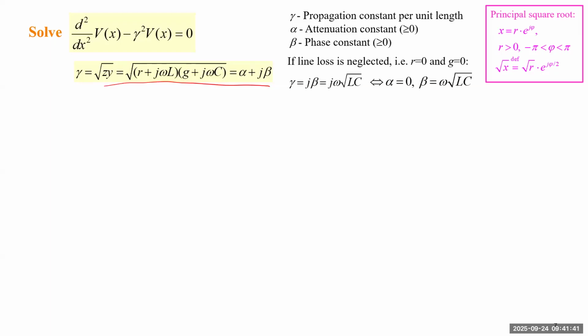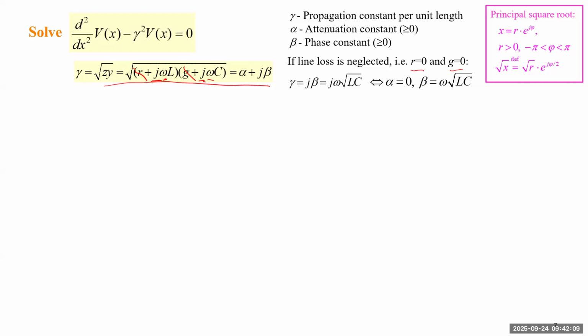All right, so if the line is lossless, which means both Z and Y have zero real part, so R and G are both 0. R is removed, G is removed. And this J and this J will become -1, and omega becomes omega squared.